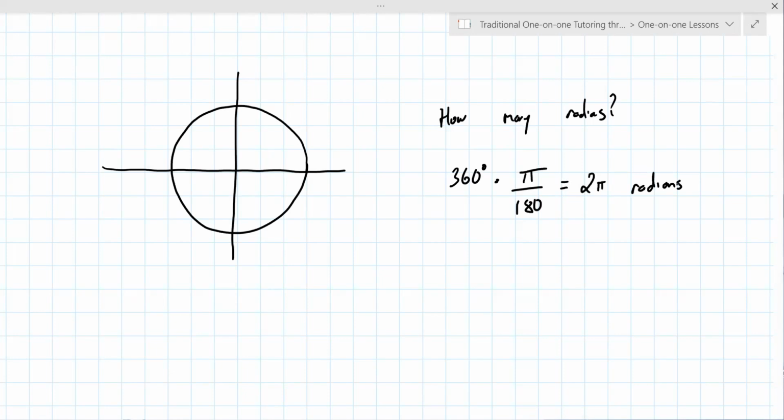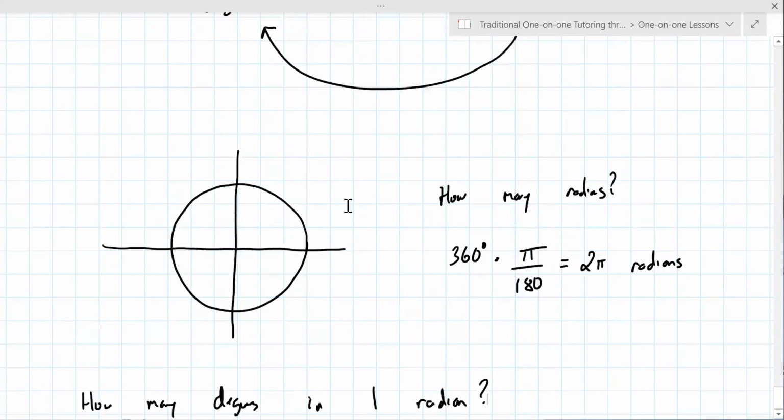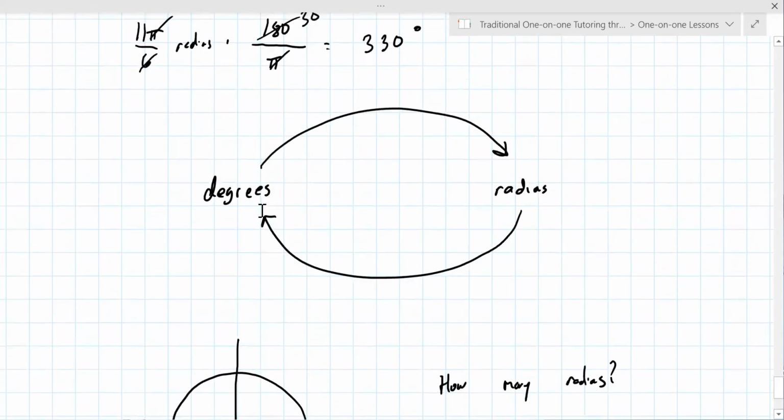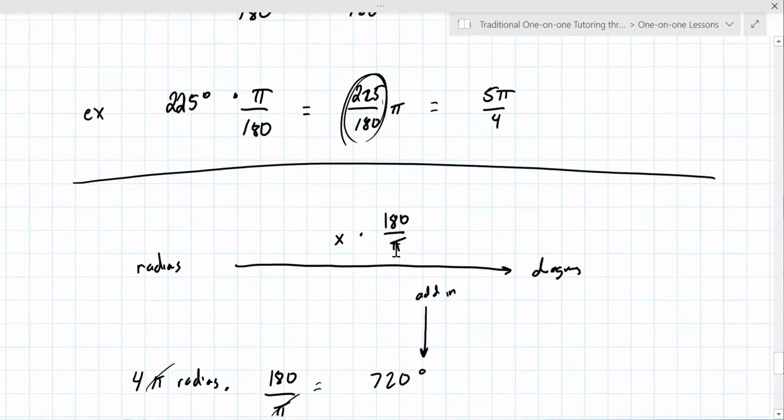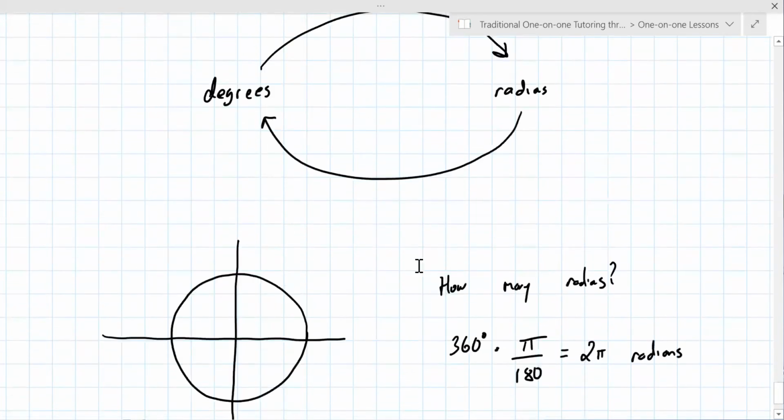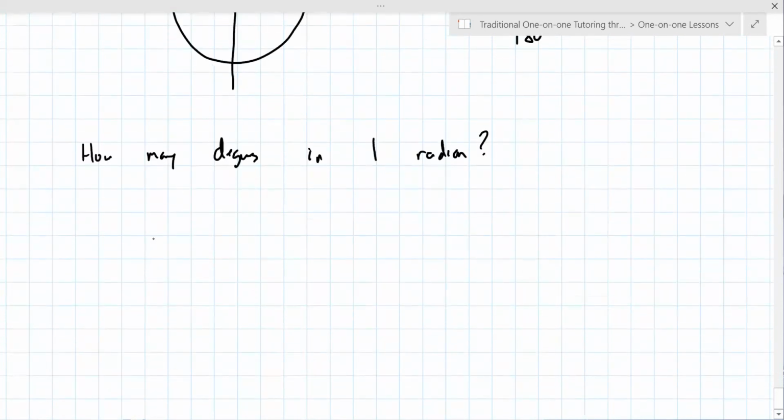They ask you how many degrees in 1 radian. So to do that, how do you go from radians to degrees? You multiply by 180 over pi. So 1 radian, like you're used to seeing a pi there, you multiply by 180 over pi. And if you have a calculator, this is approximately 60 something degrees.